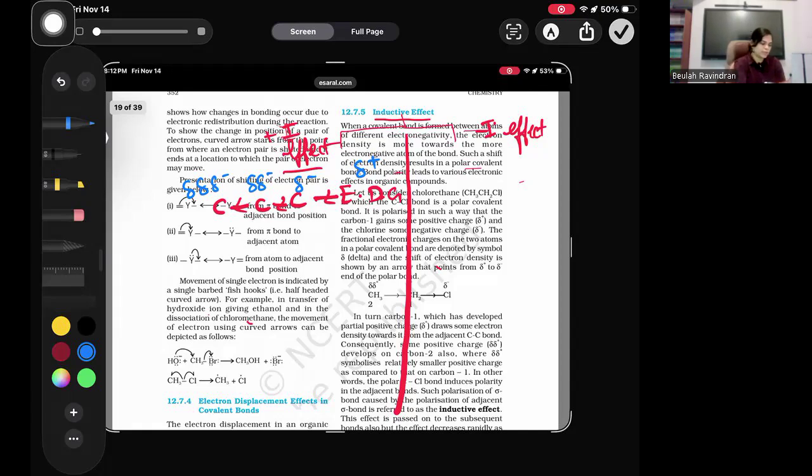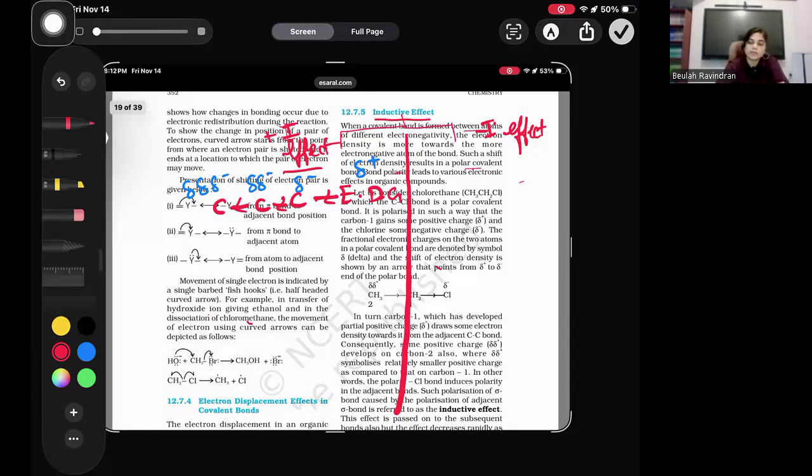Next, the minus I effect means when an electron withdrawing group is attached. What is an electron withdrawing group? Chlorine, fluorine, bromine, all halogens.